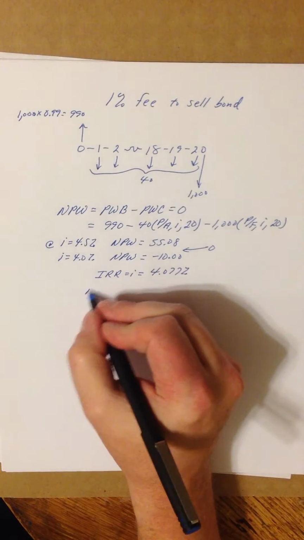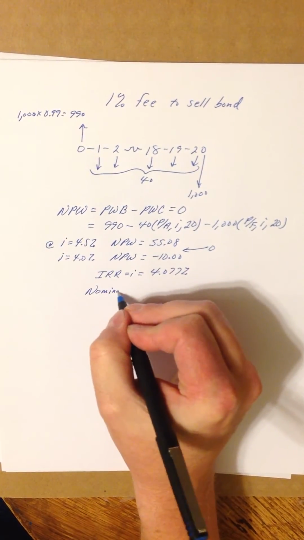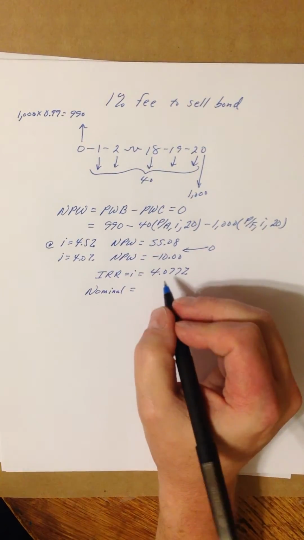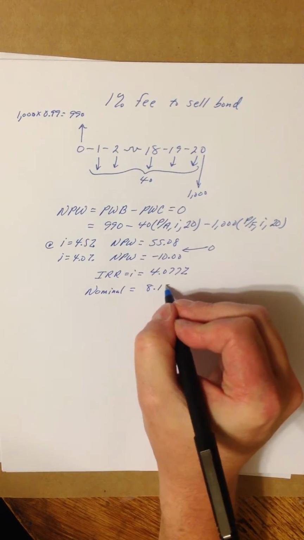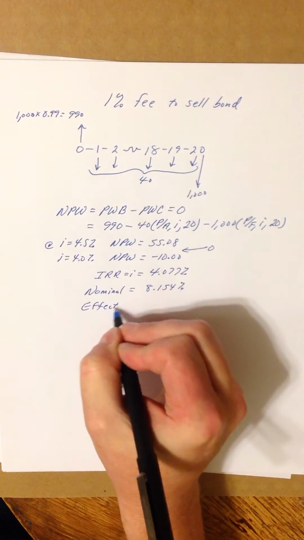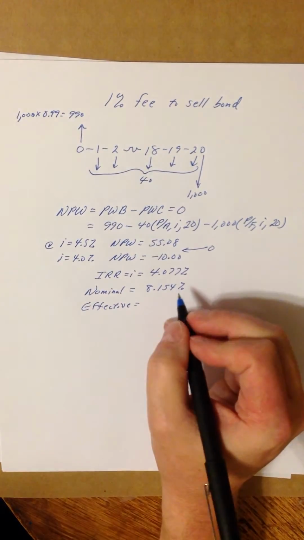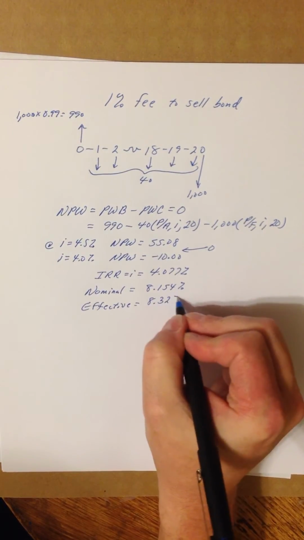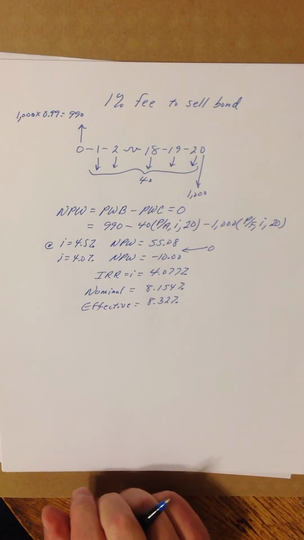We also can say that the nominal rate in this case is equal to 8.154%. And then the effective rate is equal to 8.32%. Just remember how we got those.